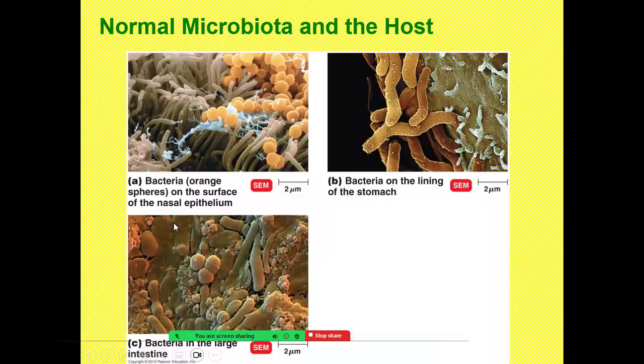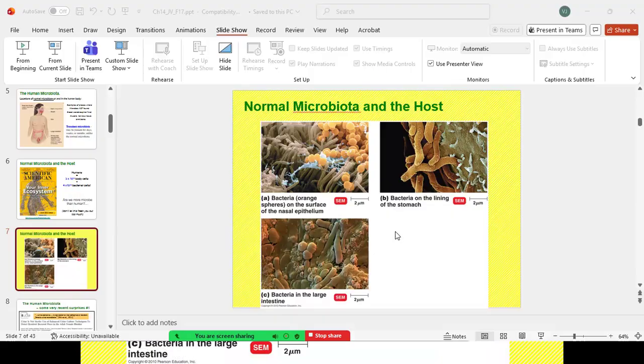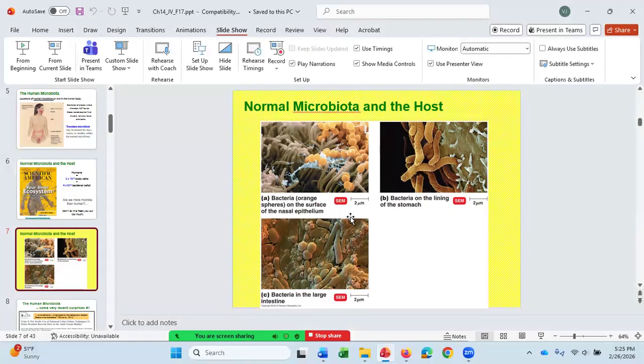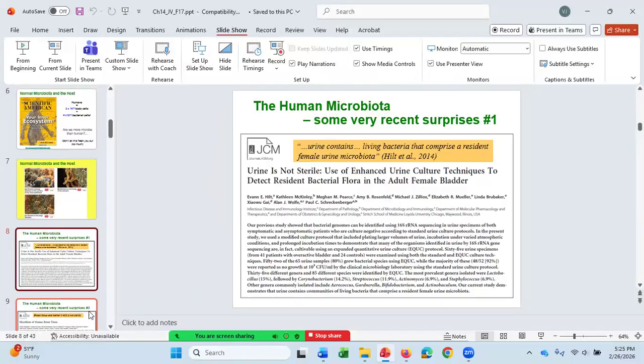There's a rod, a couple of coccobacilli. Someplace in here I see a cocci, but I don't see it now. That right there is partially digested food, and of course, that's the intestinal lumen of the intestines. Anyway, some of the normal microbiota.